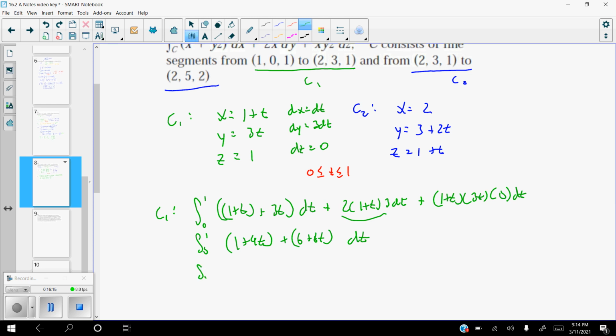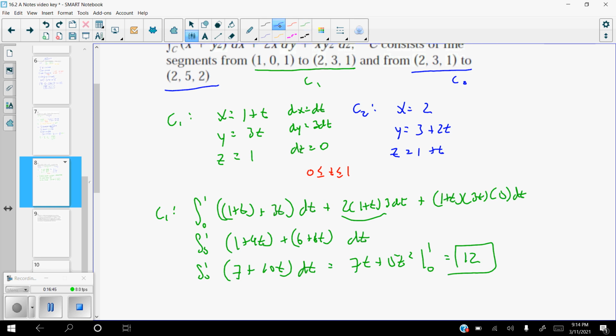Combining terms, we get the integral from 0 to 1 of 7 plus 10t dt. So we get 7t plus 5t squared evaluated from 0 to 1, which gives us 7 plus 5, which is 12, because the 0 makes everything go away. So that is the line integral over C1.